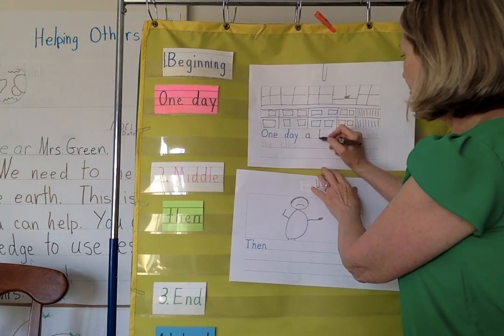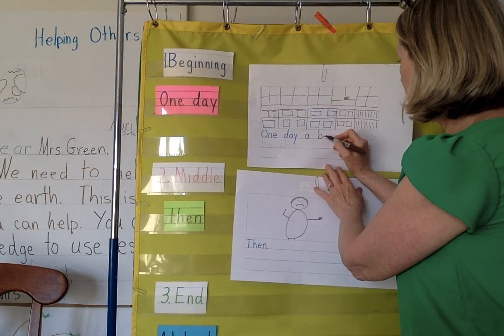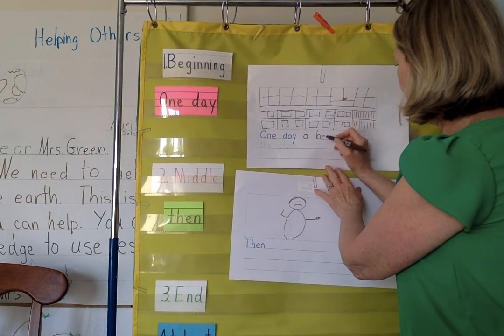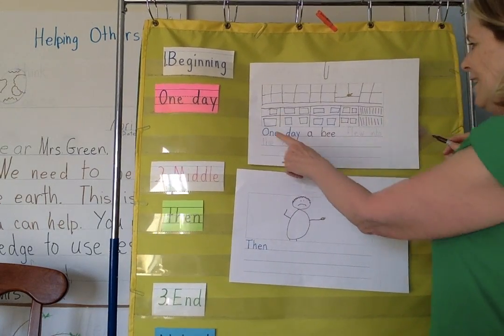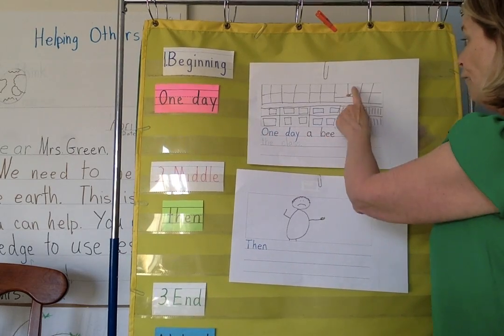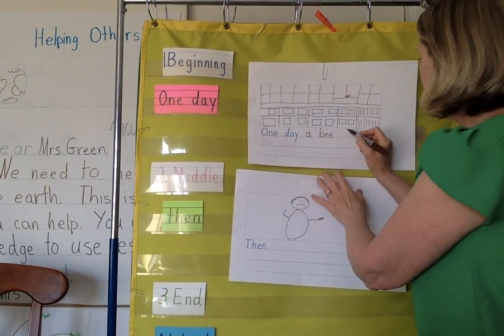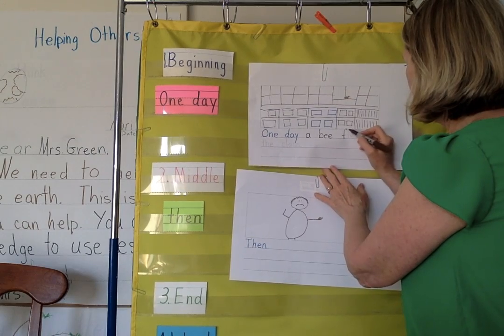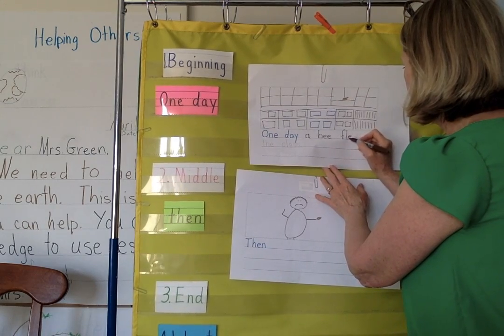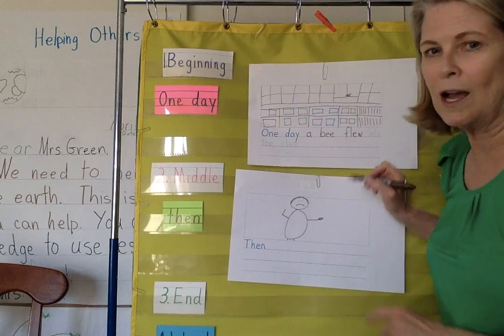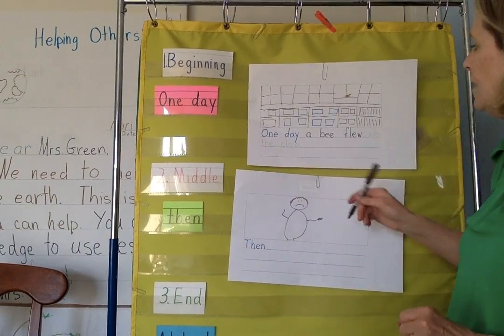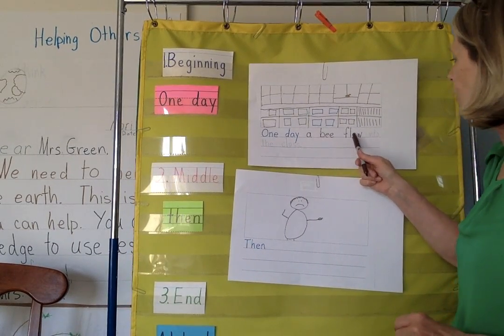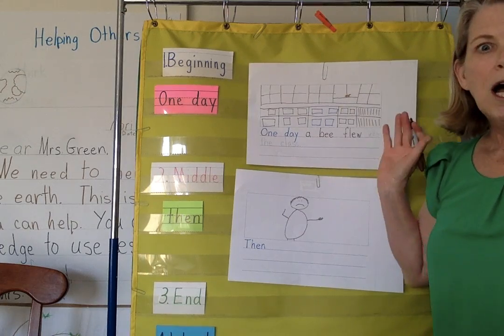So now I have one day a bee. Ooh, it's a little hard to write on my pocket chart because it moves. One day a bee flew. Let's see. Flew. And it's okay if you don't get that word spelled right. One day a bee flew into. Into.